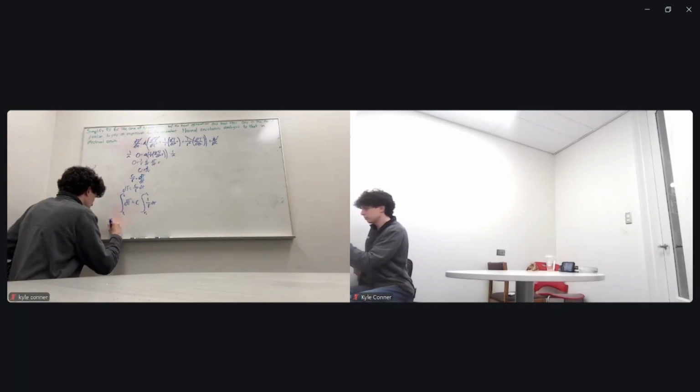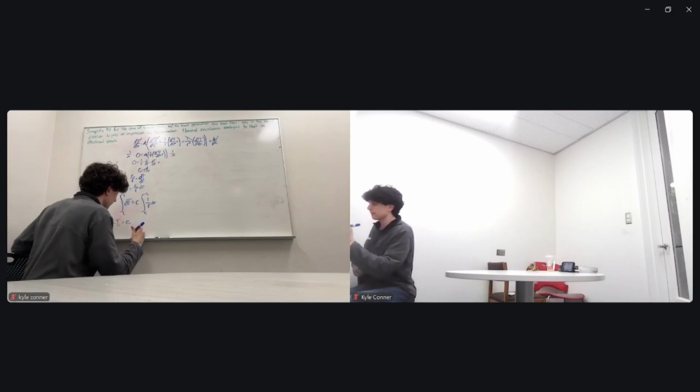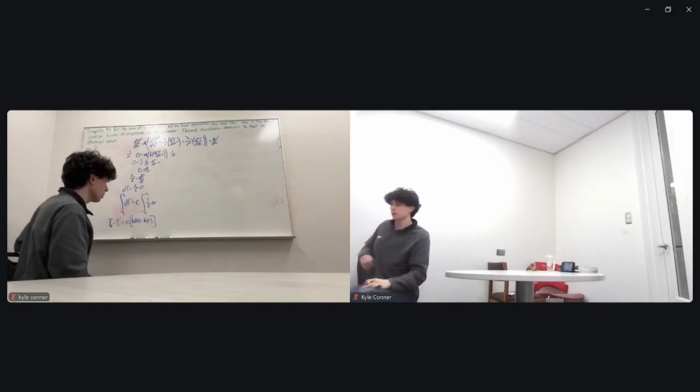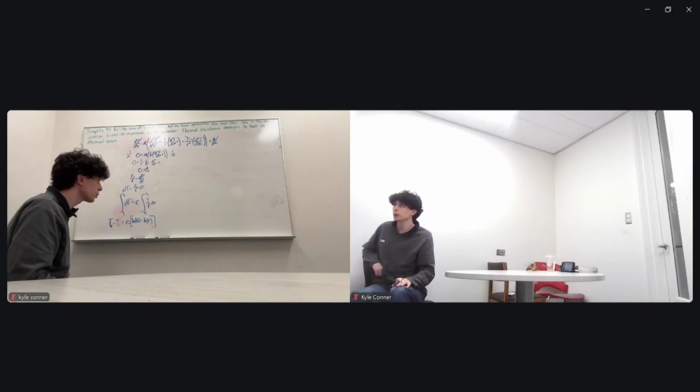And that will get us T final minus T initial is equal to our C value, and then we have ln of r final minus ln of r initial. So we can use our natural log rules right here.